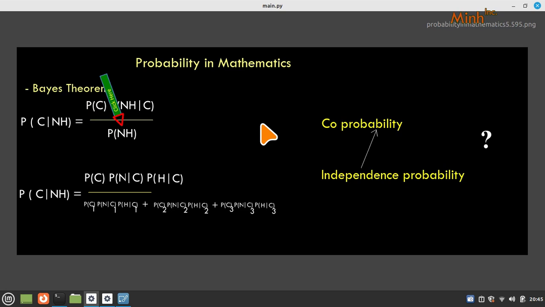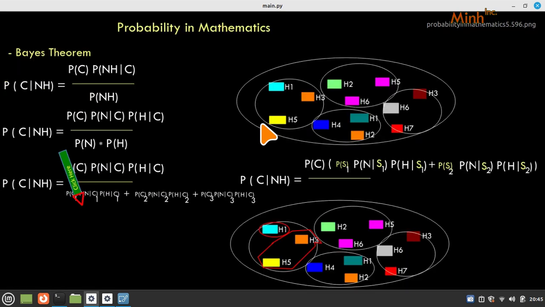Earlier we had P of N and H. Now if I talk about independence in the probability, there are multiple paths. Earlier we had coexistence. Inside coexistence, now we came to independence, so it became Pn separately and Ph separately. This way we lose character.